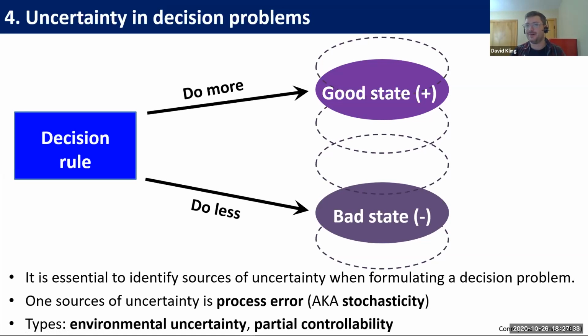It's better now. The essential fact when you have stochasticity is that the future state of the system, conditional on the action you choose, is not perfectly predictable. So that's one form of uncertainty.